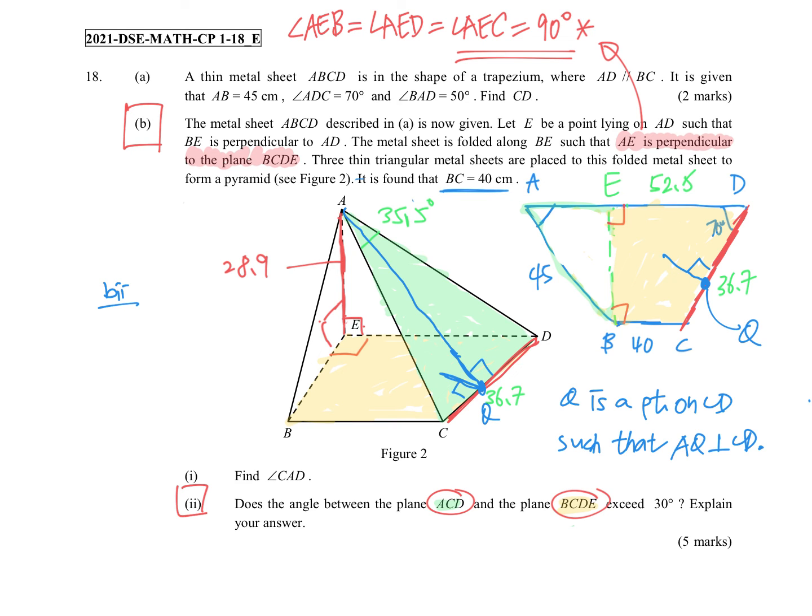So this foot of perpendicular, the corresponding normal on the yellow plane, would pass through the vertex E by the theorem of three perpendiculars. That's very, very important. So that's why the required angle would be angle AQE. So that's the angle we want.